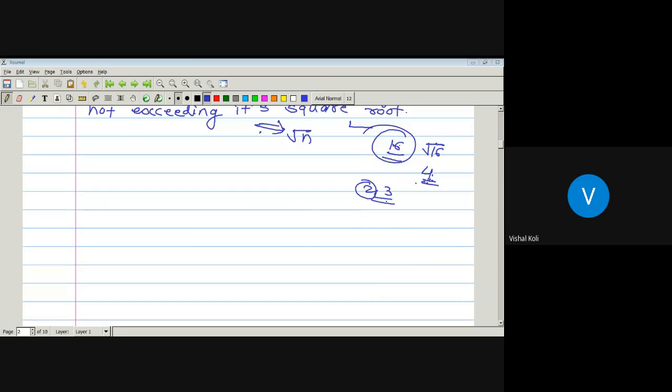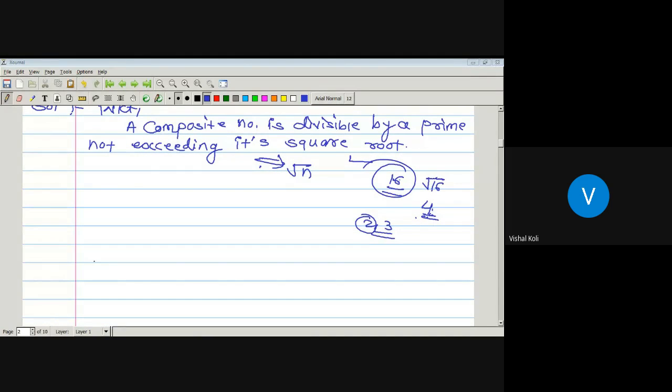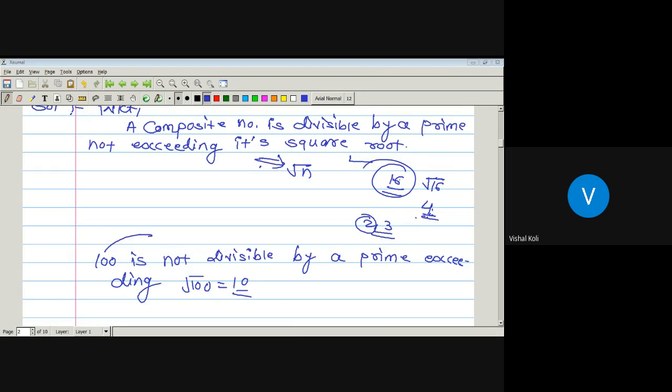As here the value 100 is given, and we have to find out the number of primes less than 100, then 100 is not divisible by a prime exceeding root 100, that is equal to 10. म्हणजे हा 100 जो आहे माझा डिव्हिजिबल जर असेल एखाद्या प्राइमनी तर जे व्हॅल्यू 10 पेक्षा लहान आहेत त्याच्याने डिव्हिजिबल असेल. कारण या रिझल्टवरून याच्यापेक्षा 10 पेक्षा जो काही मोठा माझा प्राइम असेल त्या व्हॅल्यूनी हा 100 कधीही डिव्हिजिबल नसेल.